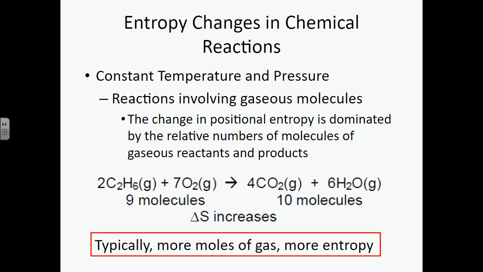Because you're going from a lower number to a greater number, this shows favorability towards entropy. It also shows that entropy increases. Going back to the original equation, you'd be thinking of it in terms of products minus reactants, and the products would have a greater number than your reactants, theoretically.